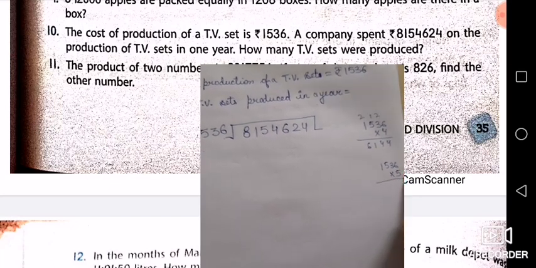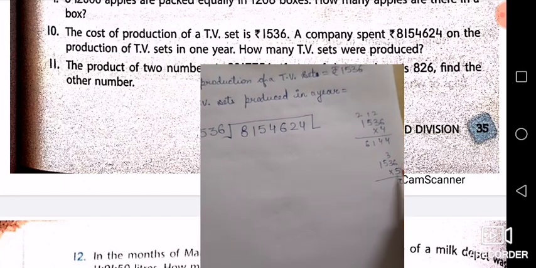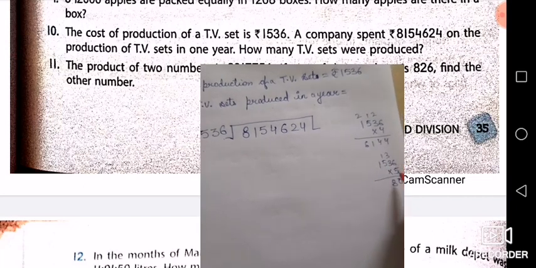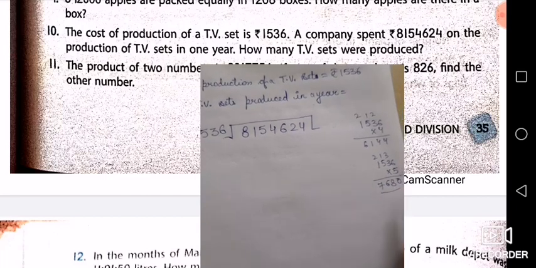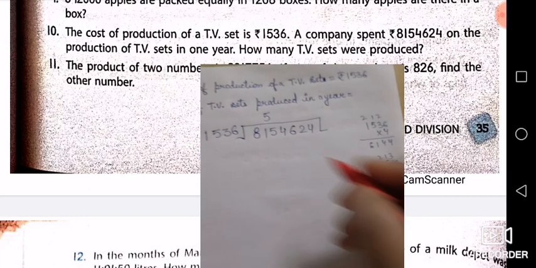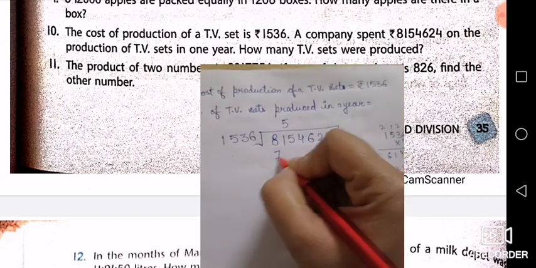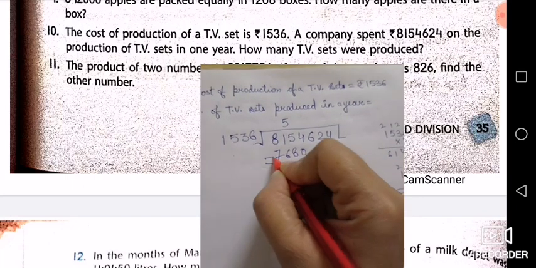So we'll do it with 5 times. 5 6s are 30. 3, 5 3s are 15, 16, 17, 18, 5 5s are 25, 26, 2 will be here, 5 1s are 5, 6, 7. Okay, so it will go on 5 times, that is 7,680. Now we'll do the subtraction here.